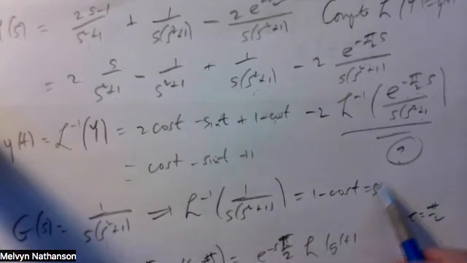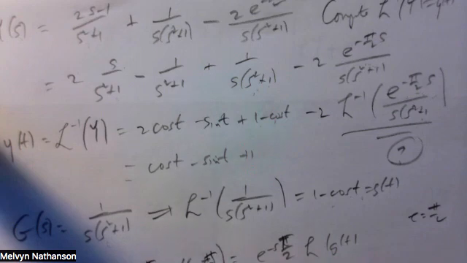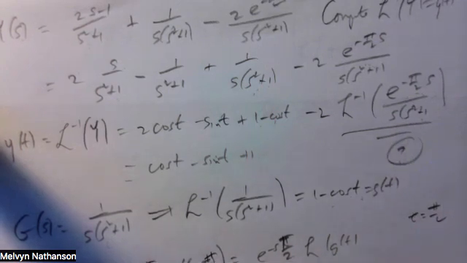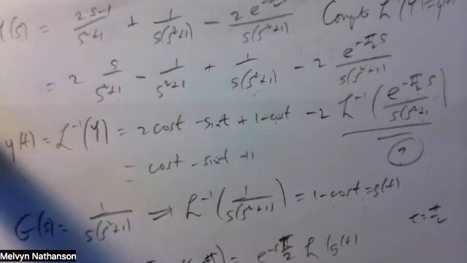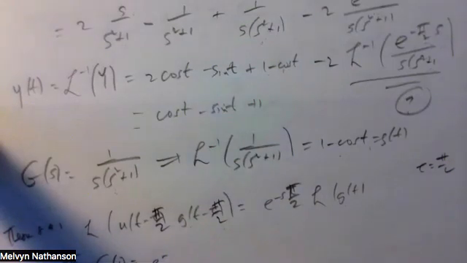If we take g of t to be 1 minus cosine t, its Laplace transform is 1 over s times s squared plus 1. So this function is e to the minus pi over 2s over s times s squared plus 1.